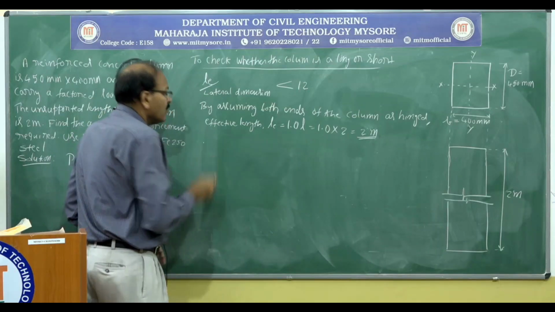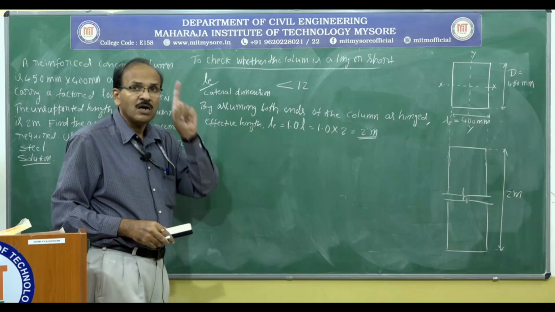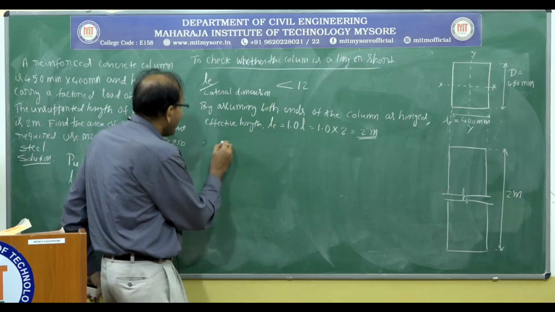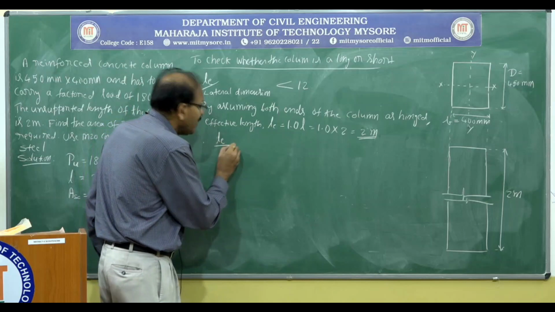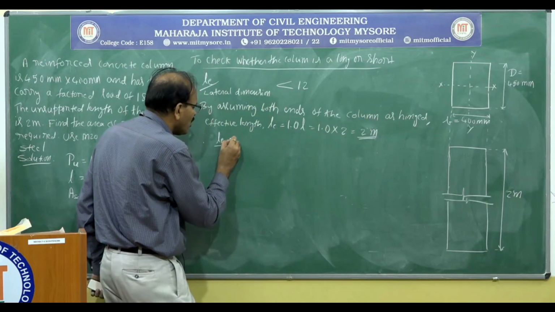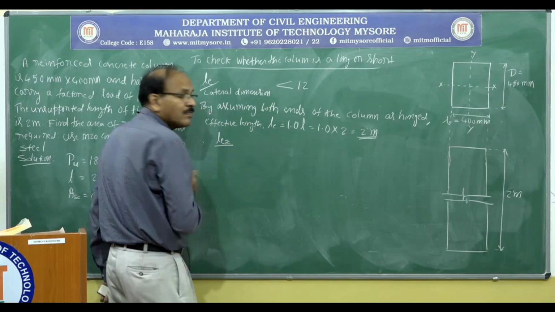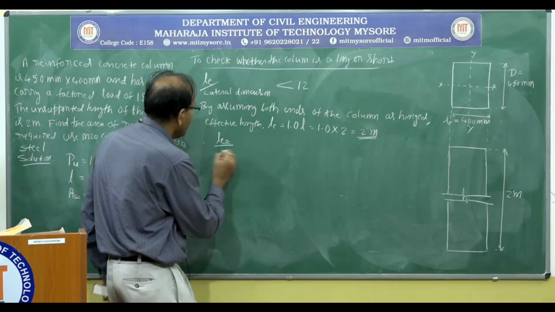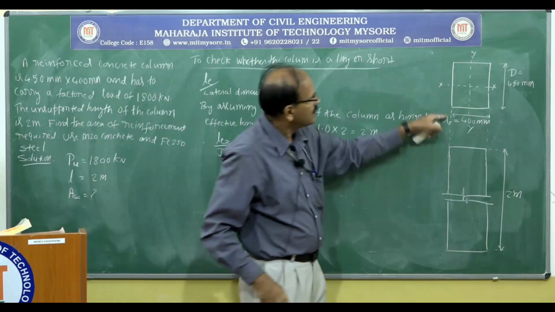Therefore, we need to check whether the column is short or long about both axes. Therefore, LE divided by one dimension, about the x axis I am going to call that LEX, divided by D, that is the depth.